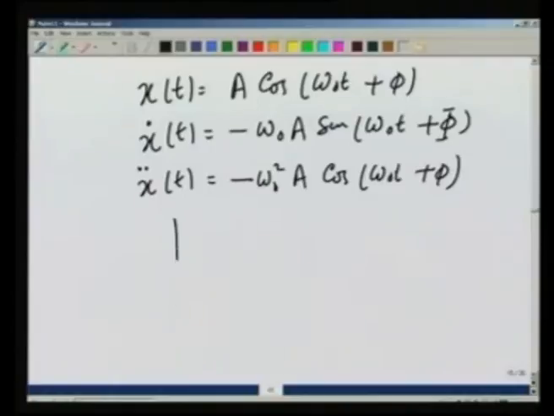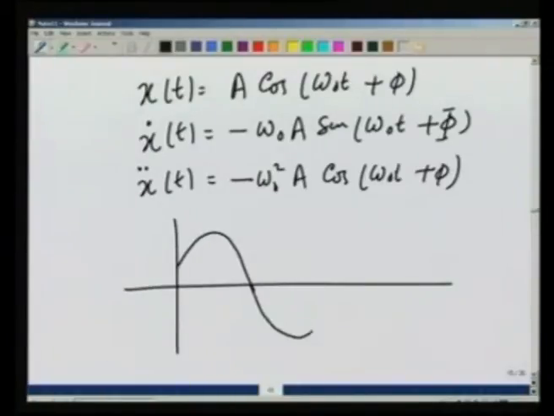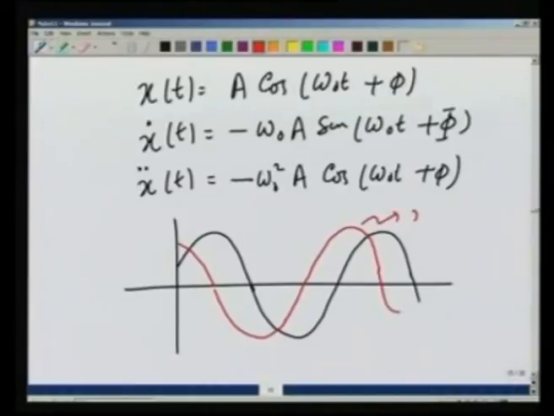So, as I said, x(t) in general would look something like this. x dot is going to be the slope of this, and it's going to look something like this. This is x dot. You can see here the slope is positive, that means the velocity is positive.